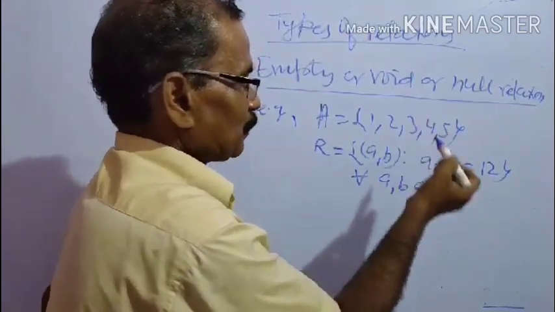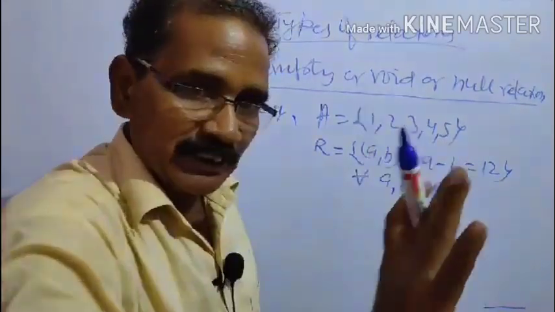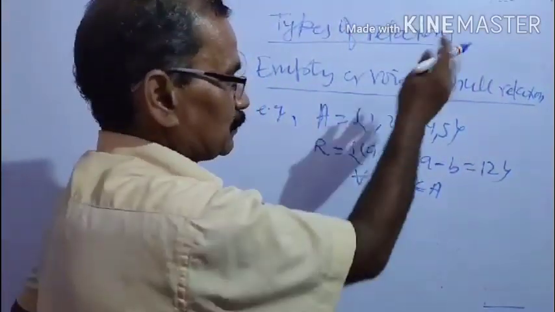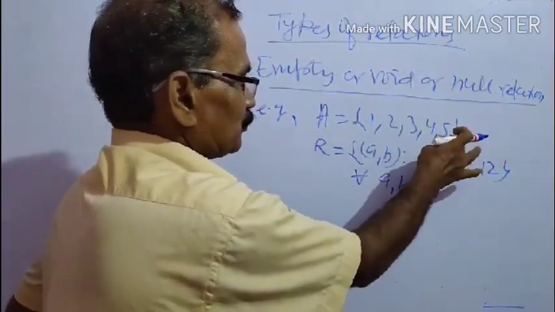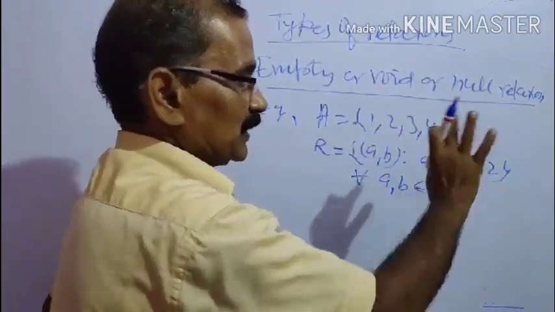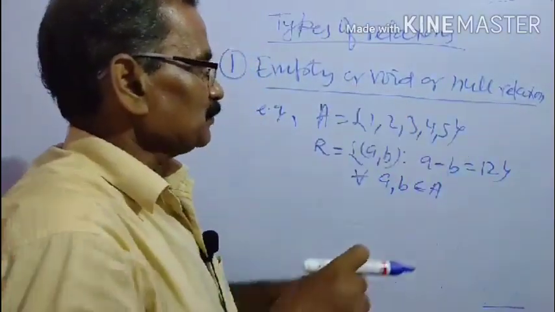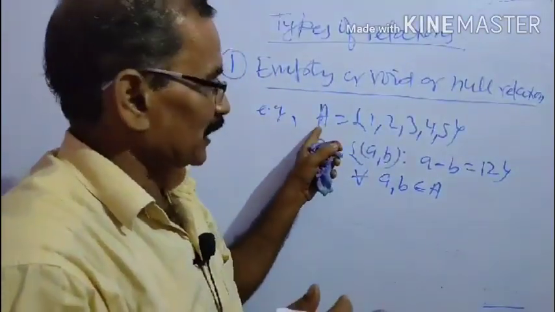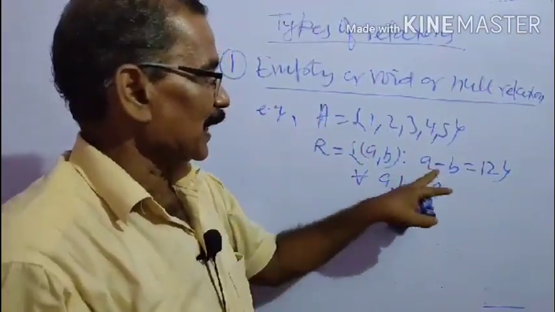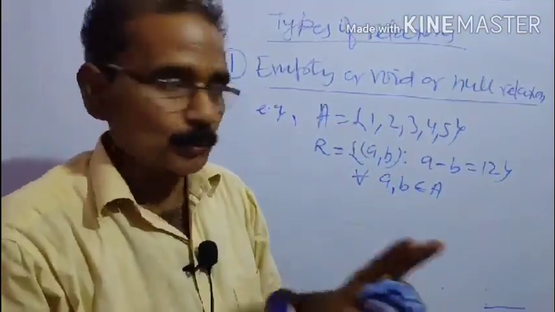So 4 minus 5 cannot be equal to 12. Any element, 3 minus 2 cannot be equal to 12. 5 minus 1 cannot be equal to 12. It means any two elements as a and b from A can be taken and their difference cannot be 12.